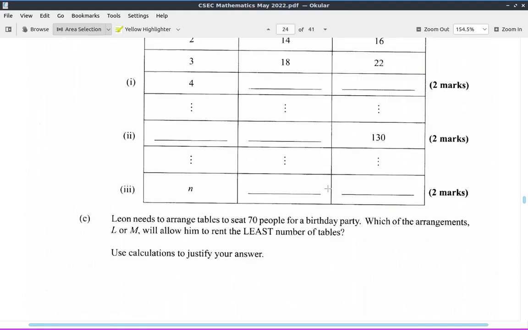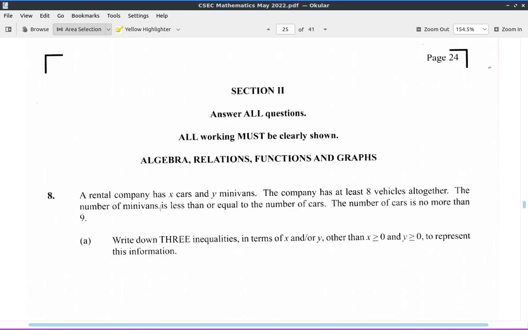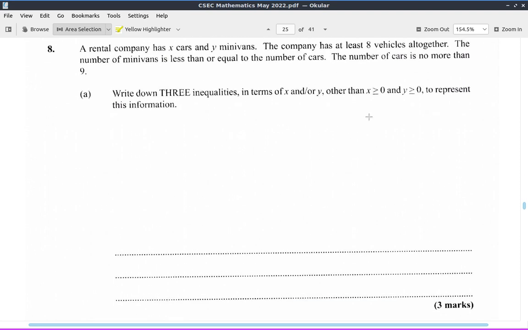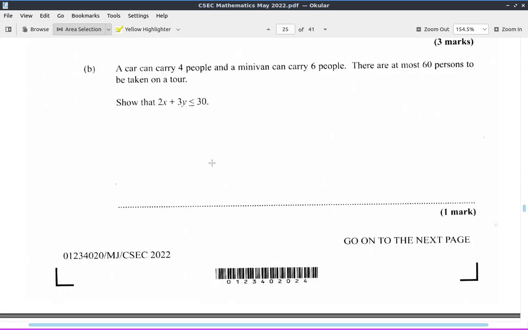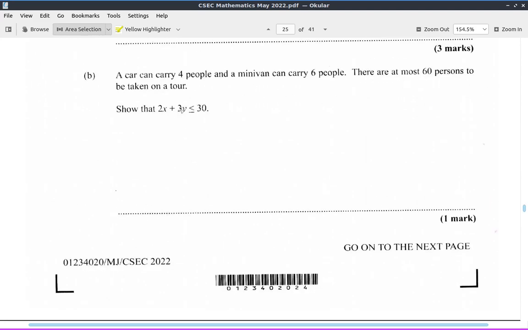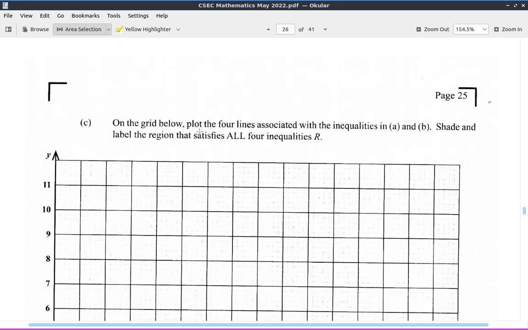What about question 8? Question 8 says you have a rental company, x cars, y minivans, 8 vehicles altogether. The number of minivans is less than or equal to the number of cars. The number of cars is no more than 9. Alright. Linear programming. We're going to write the inequalities. And then show that, from this description, this is the inequality here.